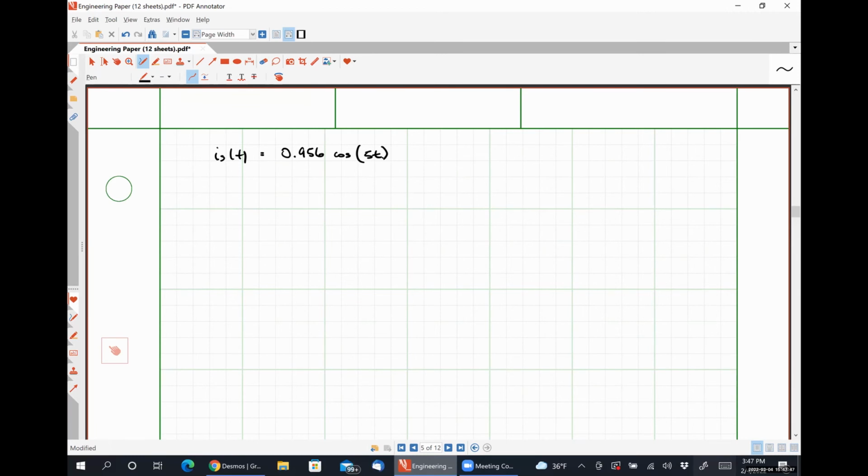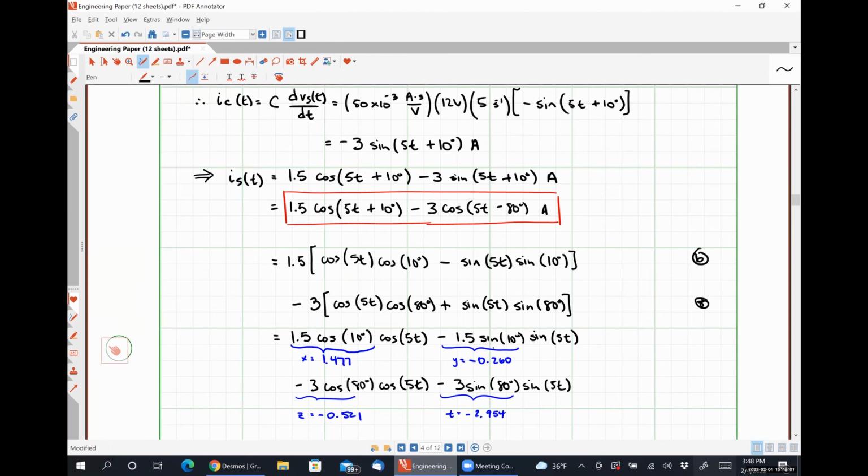Should you subtract the 0.521 or the negative 0.521? So let me scroll up here and answer that question. Okay. So when I did those calculations, I lumped the negative sign in with the coefficient.